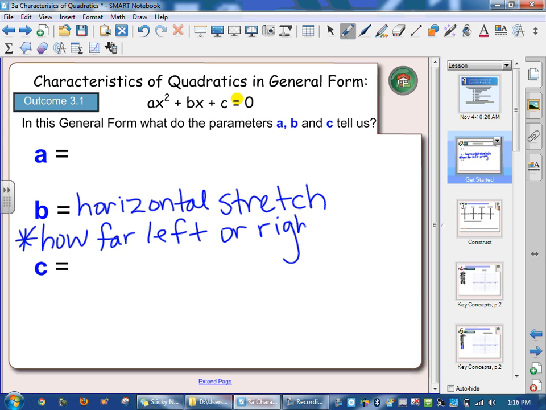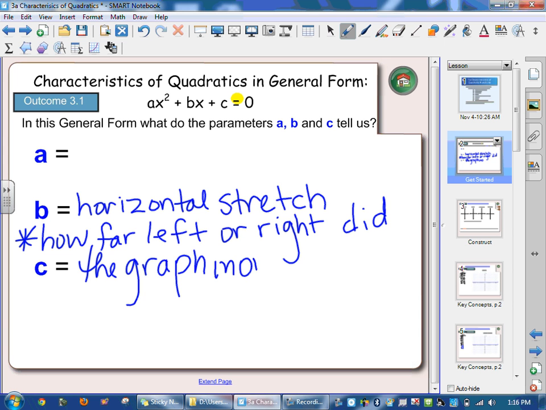So how far left or right did the graph move from the center, the origin, 0, 0? How far did it move from that center? Did it go left or did it go right?